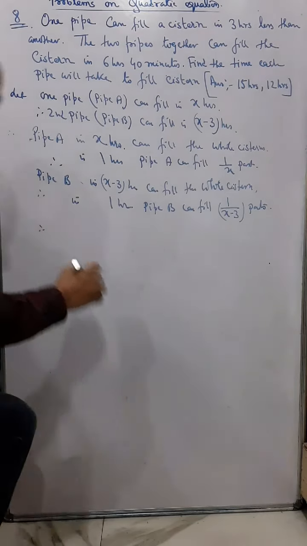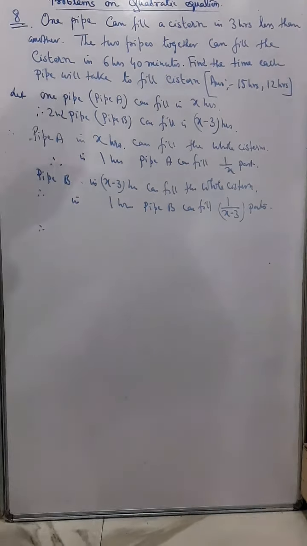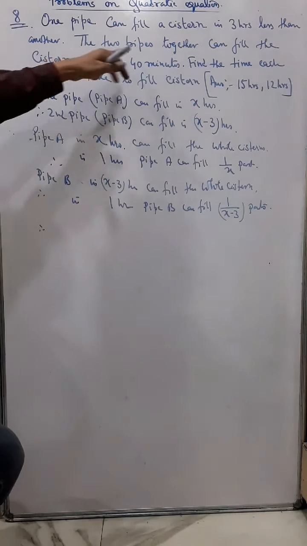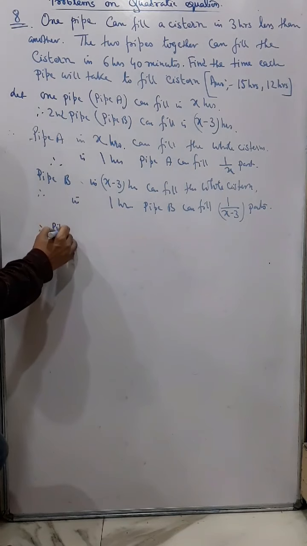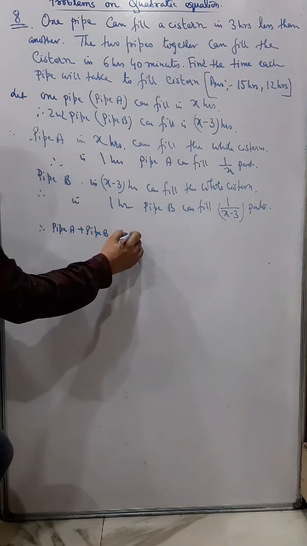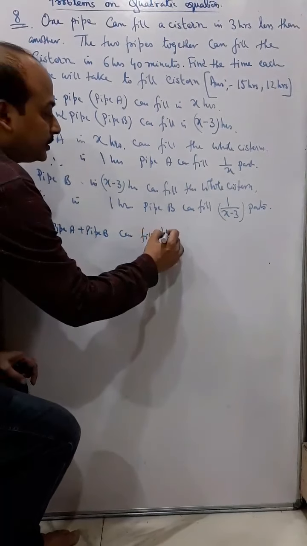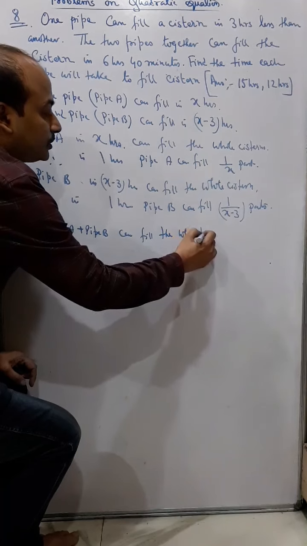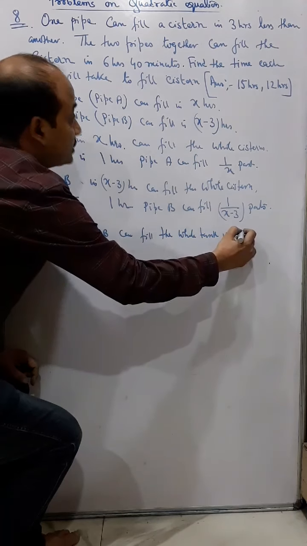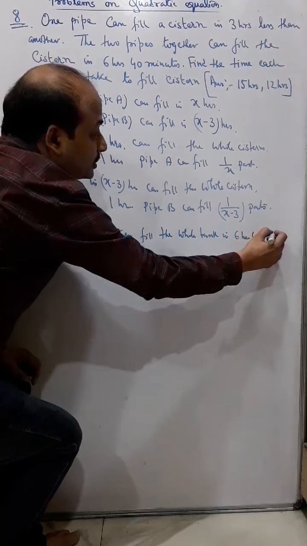Also, here they told that the two pipes together can fill in 6 hours 40 minutes. That means pipe A plus pipe B can fill the whole tank in 6 hours 40 minutes.